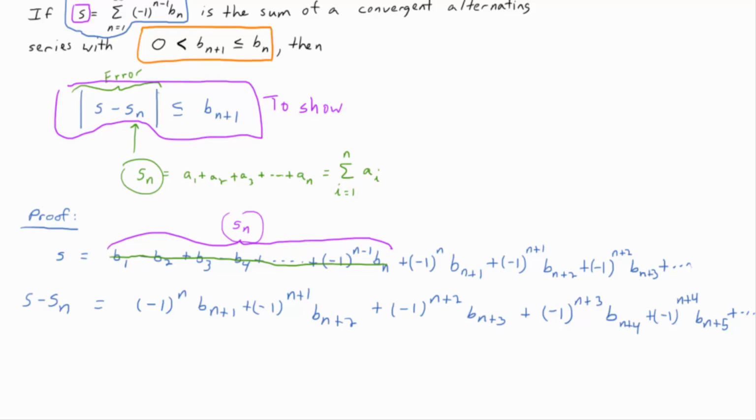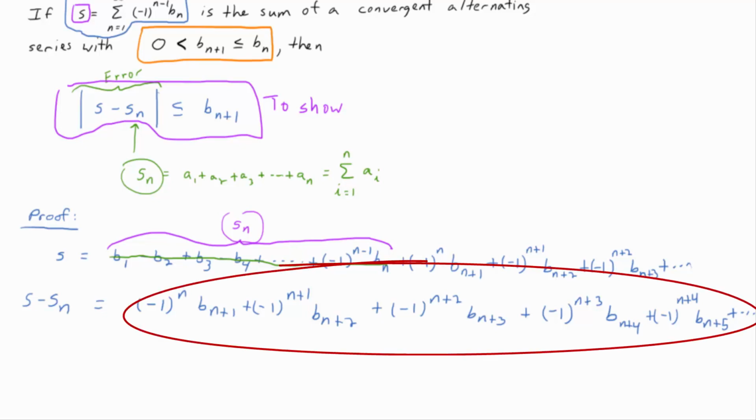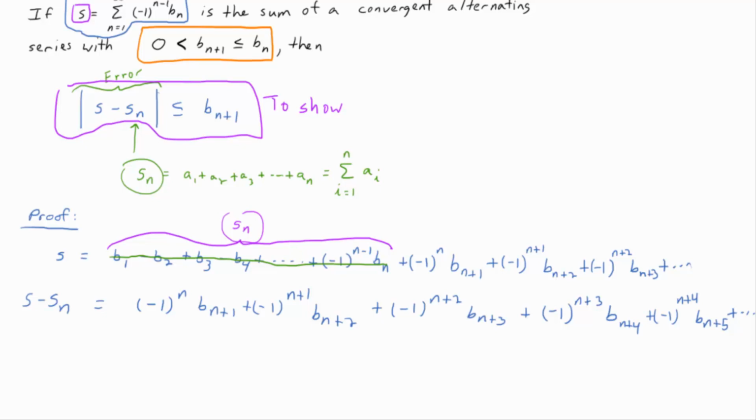In this step, I'd like to factor a negative 1 to the n out of this side so that I know that the first term is positive. That'll get me just a bn plus 1 in the first term. So it's still just algebra. It just looks weird. So S minus Sn equals negative 1 to the n.